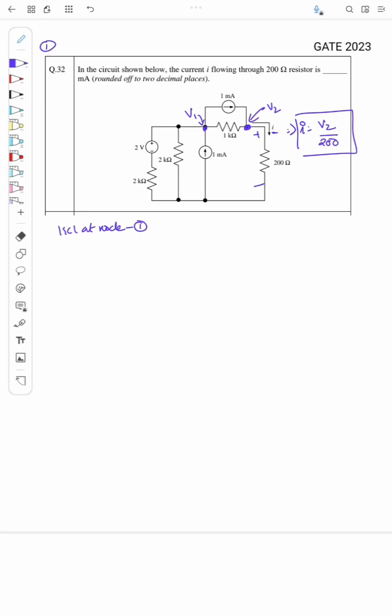At this node, if I apply KCL, what is this current? There is a current here. This current is V1, the voltage across this path, minus this 2 volt, that is the voltage across 2k. So (V1 minus 2) by 2k is the current flowing through 2k, plus this current, V1 by 2k, and plus this current, which is actually minus 1 milliampere, since it's going to the node.